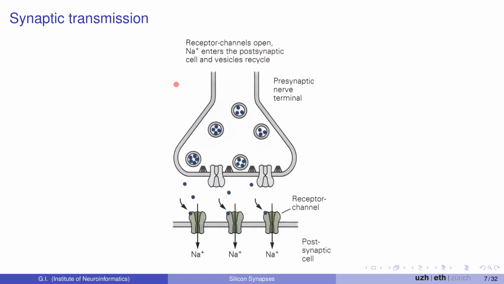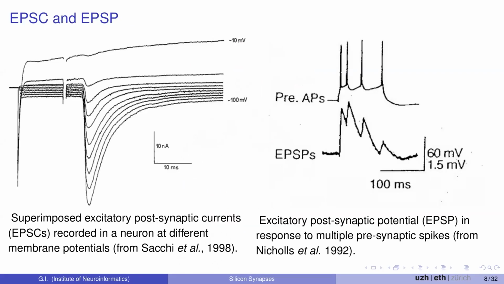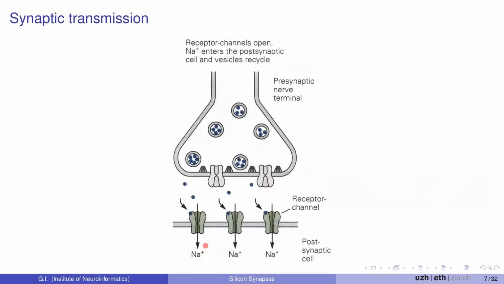So the receptor channels open, sodium ions enter the postsynaptic cell here. The postsynaptic cell then starts to depolarize, and then we have current flowing. Depending on how many of these receptor channels open, you have more or less influx of ions.